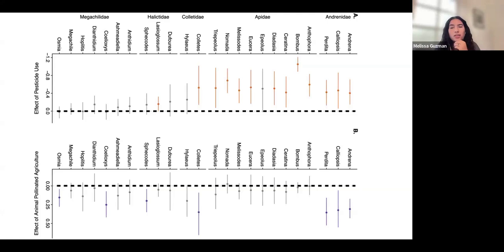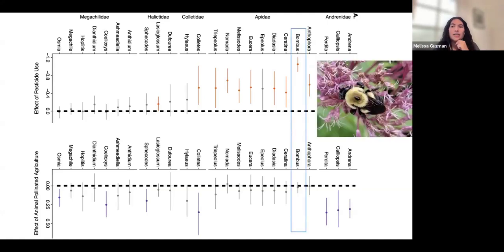But I want you to focus on bumblebees. Bumblebees were really surprising because I found a really strong negative effect of pesticide on bumblebees. When I calculated the actual change in occupancy for bumblebees, it comes to about a 54% decline in occupancy probability.